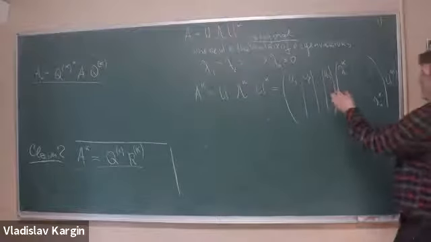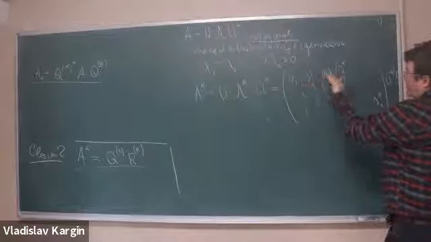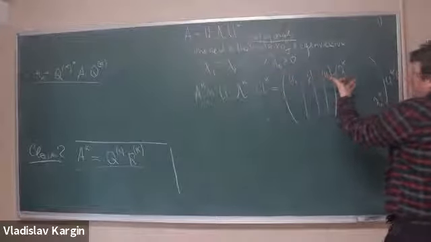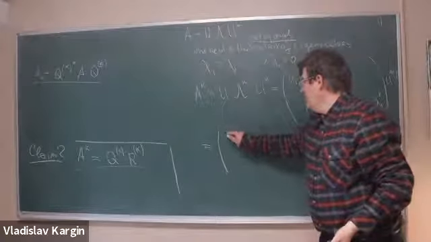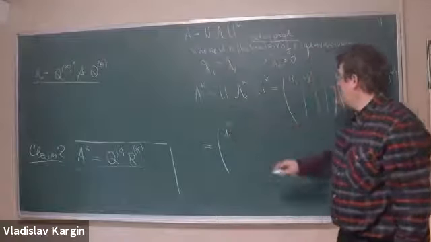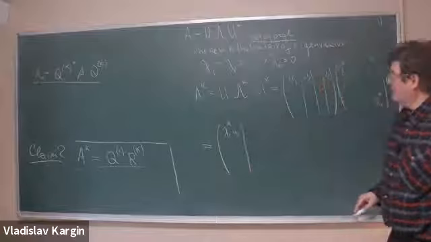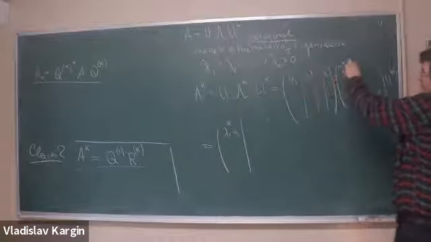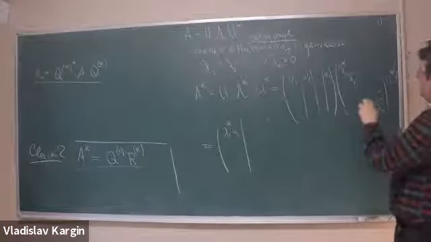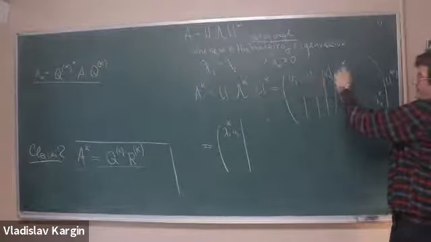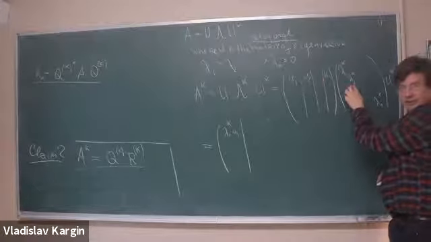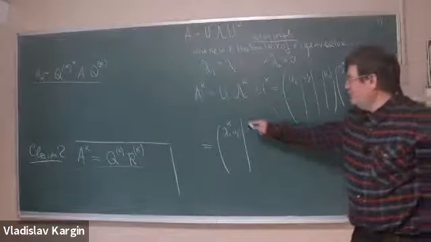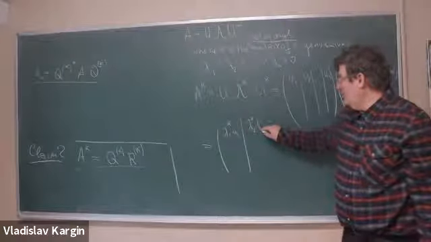So what will we get when we do this multiplication? Taking this matrix and multiplying the first column gives you this vector multiplied by lambda 1 to the power of k, so lambda 1 to the power of k u1. Then the second column: only one element is lambda 2, so it selects the second column and multiplies by this coefficient, lambda 2 to the power of k u2, and so on.